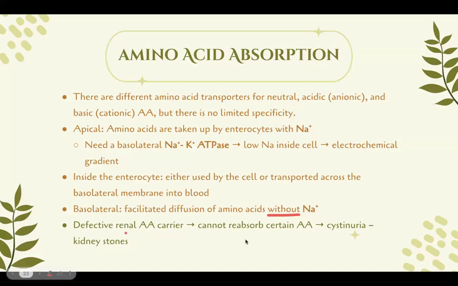Normally when you lose amino acids into the urine, you need to absorb them back into the body. If someone has defective transporters in the kidney, they can't absorb the amino acids back. And so they stay in the urine and they basically form kidney stones. And this condition is called cystinuria.